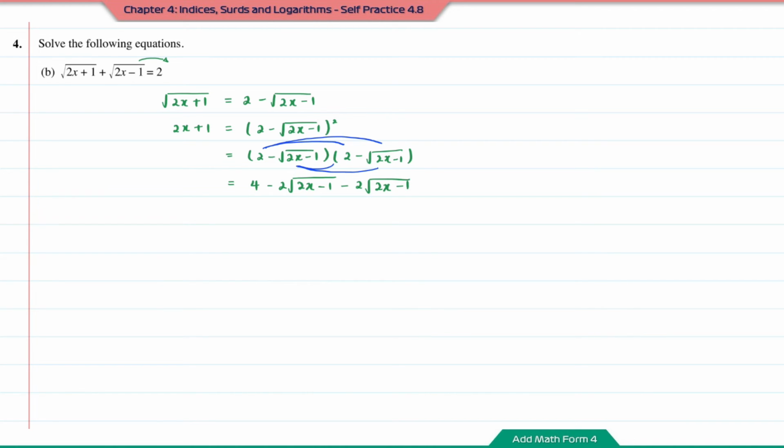And the last part here, negative times negative will give you the answer of positive. So when the same square root multiply together, you're just going to get the answer inside the square root, which is the 2x minus 1. So the numbers, 4 minus 1, here you get 3 plus the 2x. And for this part, you're going to get negative 4 square root 2x minus 1. So this is just like the like terms.